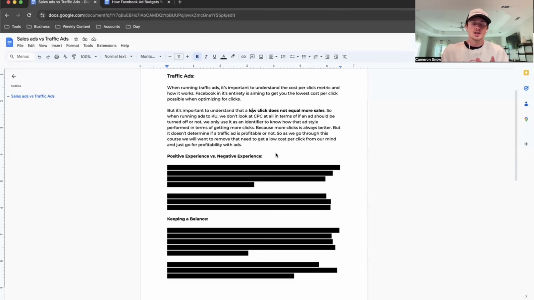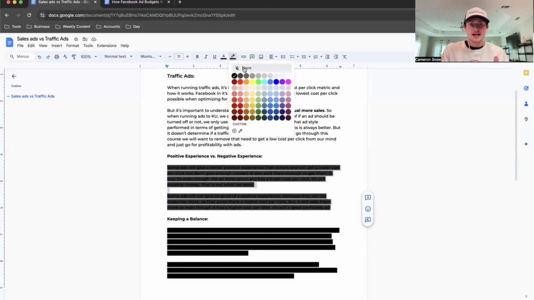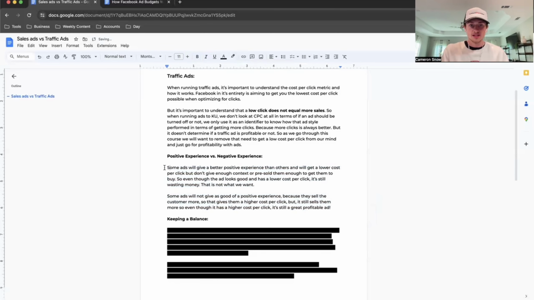And so with traffic ads, what this means is that there's a positive experience and a negative experience with some of these ads. Some ads will give a better positive experience and get a lower cost per click, but they don't give enough context or pre-sell someone enough before they actually buy. So if you think about maybe it's a contemporary book and you have a shirtless guy as the image, you could get a lot of clicks on that, but it may not be going to your actual reader base.